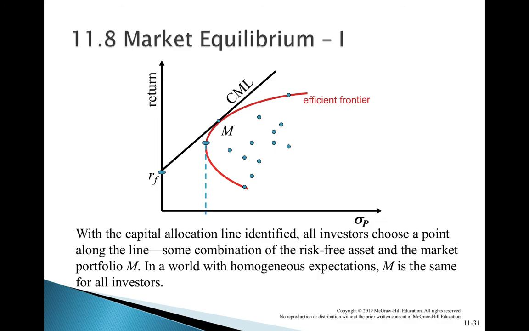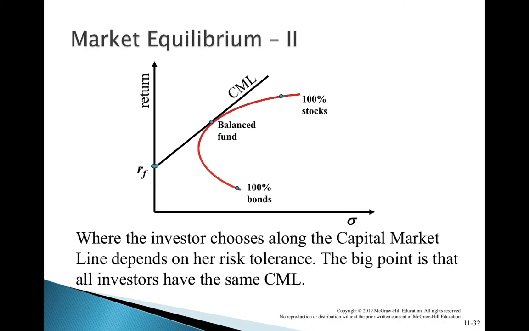M is the same for all investors, isn't it? So it depends on how much risk appetite or risk tolerance the investor has. Based on the risk appetite or risk tolerance, you will take the particular portfolio.